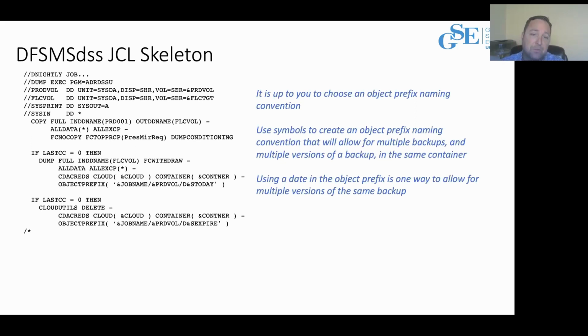It's up to you to choose an object prefix naming convention, and you want to choose a prefix name that allows you to support multiple volumes and multiple versions of the same volume in the same container. So what we've done here is use symbolics for a job name, followed by the volume, followed by a date. There are probably other ways. You can maybe use sequencing, but we'll use date for our example.